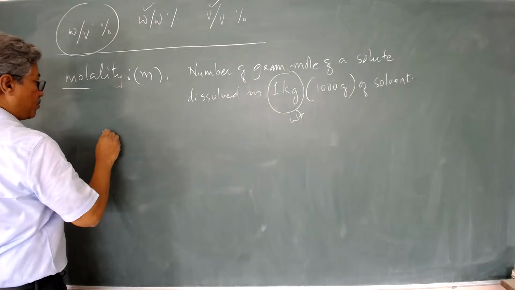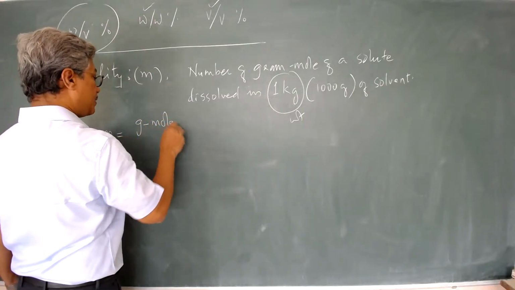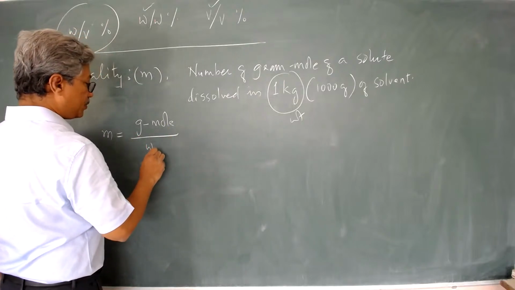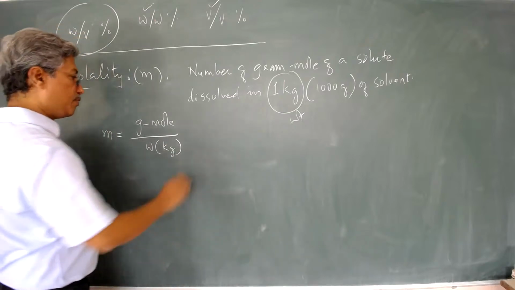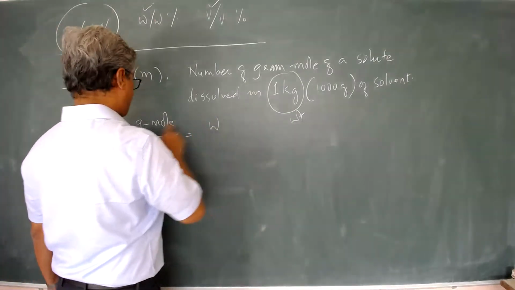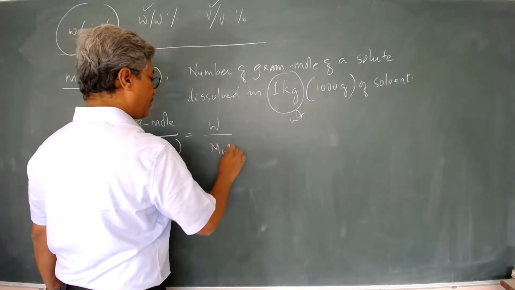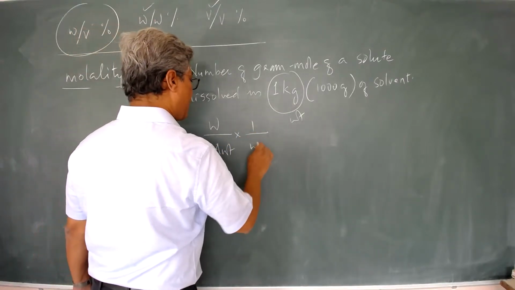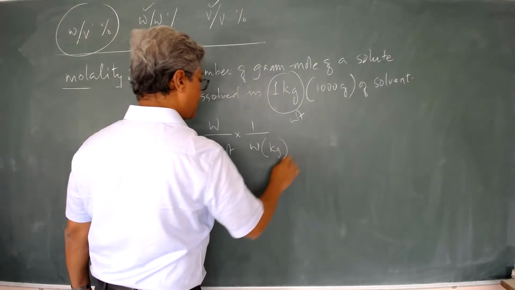Therefore, molality can be written as the number of gram moles of the solute by weight of solvent in kg. Clear? Now, this can be written as weight. Gram mole is weight divided by molecular weight, into 1 divided by weight of the solvent in kg.